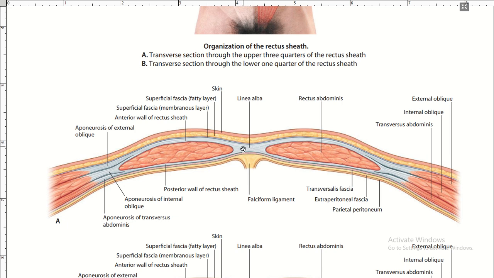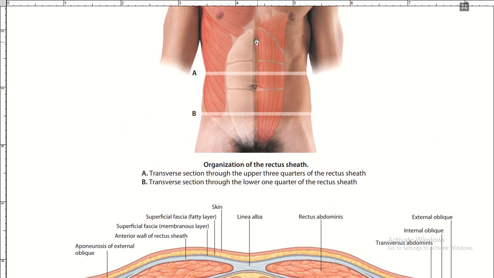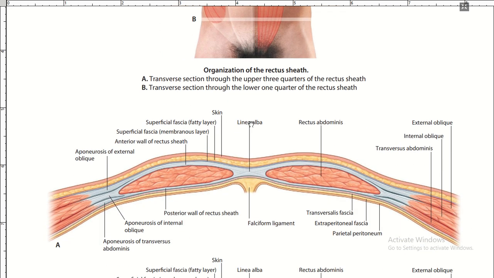So this is your linea alba. It extends from the xiphoid process to the symphysis pubis. As it moves from upward to downward, it will be narrowing down. Good. So that forms the rectus abdominis sheath.